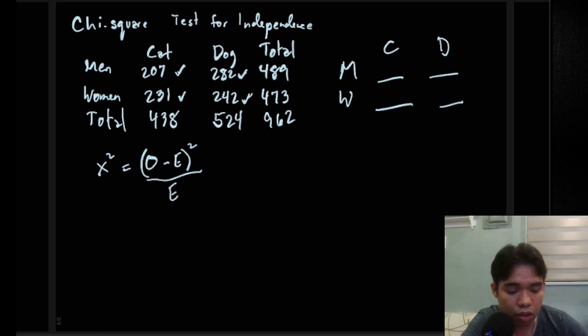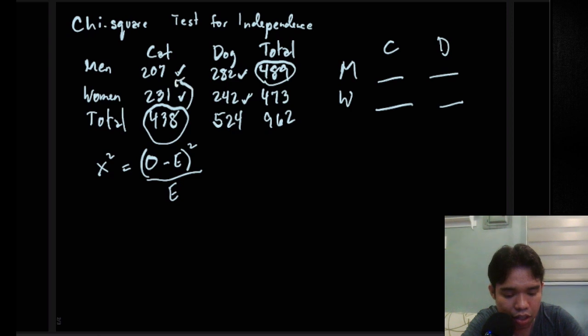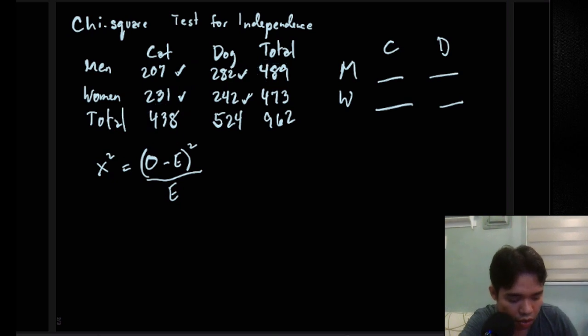So how to compute the expected value? You're going to multiply both totals. Since it is targeting this cell, we use 438 and 489 because we're solving this cell.